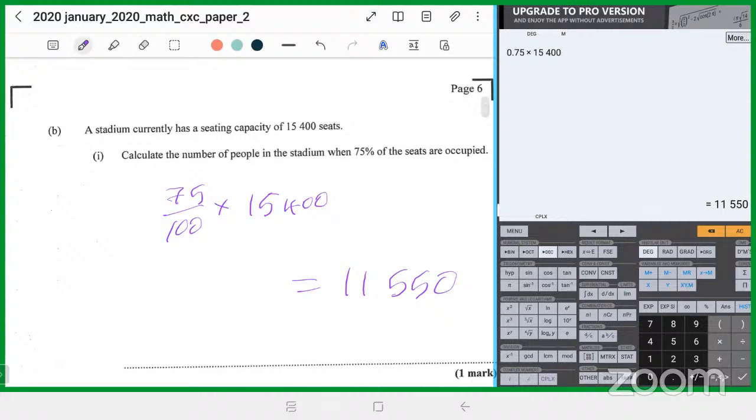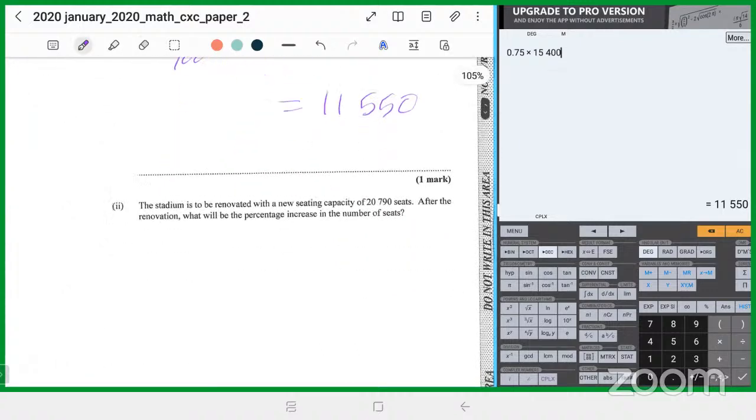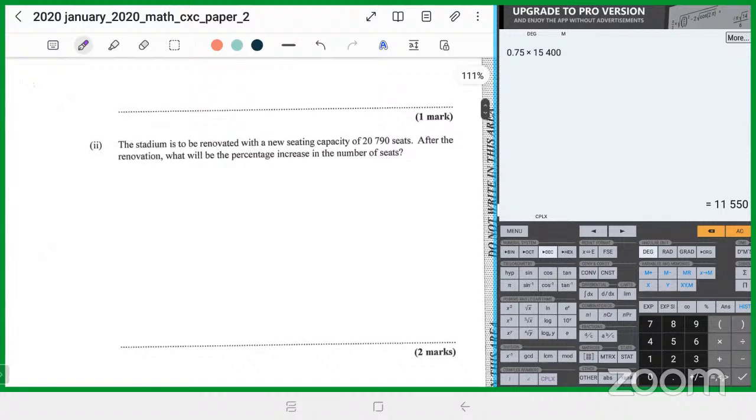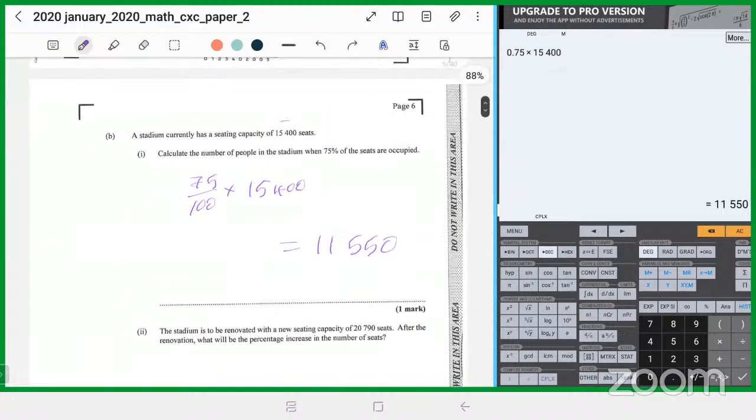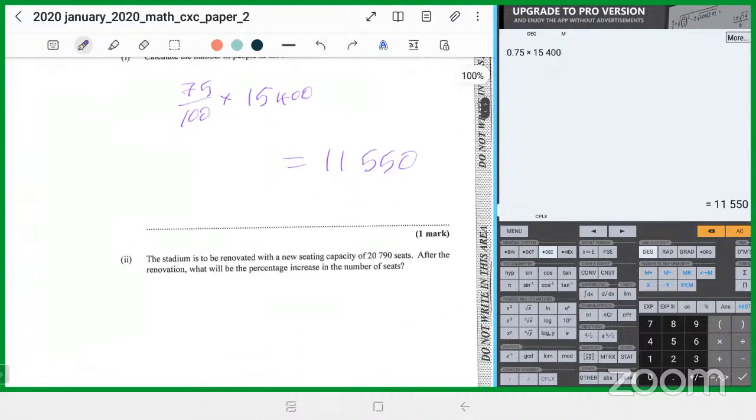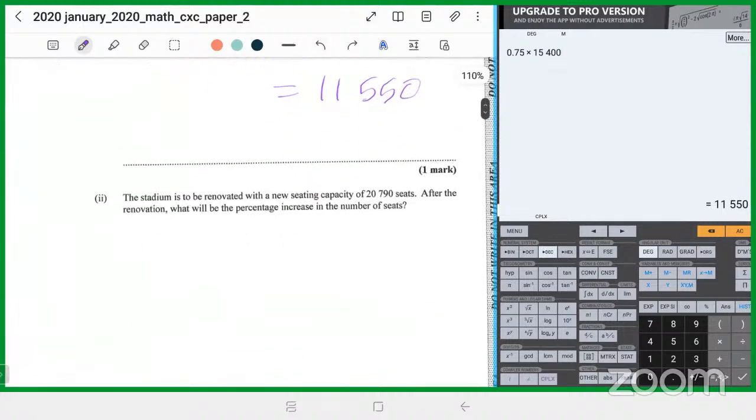All right, next one. It says the stadium is to be renovated with new seating capacity. This is going to be the new seating capacity. Now remember, the original seating capacity is this one, so it's an increase from this to that. After the renovation, what is the percentage increase?